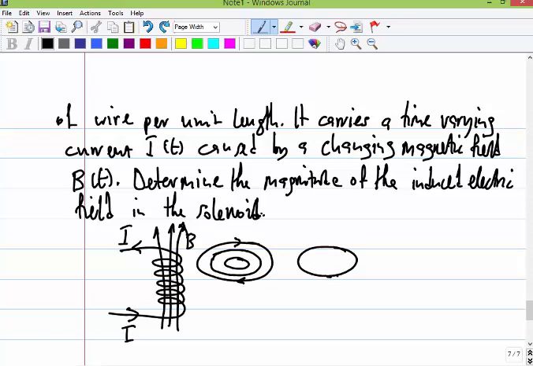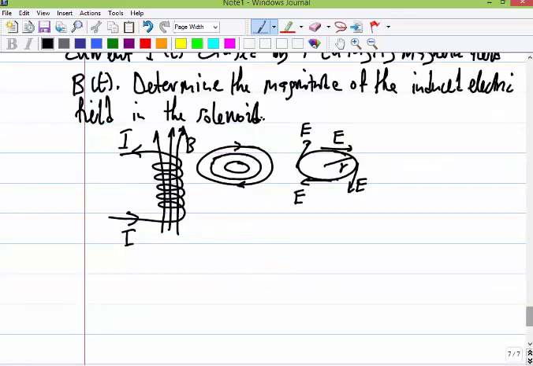So we have field lines this way, that way, this way, and that way, E, like that. This is a loop of radius R, and at some point here, this is an element ds.